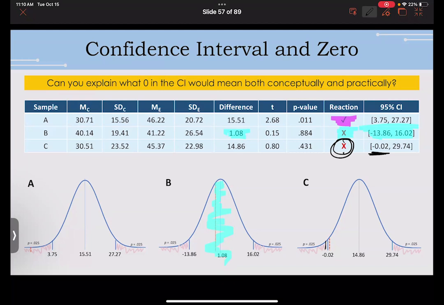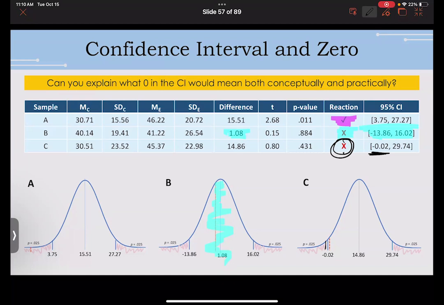Our p-value is telling us no effect, go home, doesn't work, right? And our confidence interval is telling us, whoa, hold on. Yeah, you got a non-significant result, but the probability of zero is really small. Maybe you should take this all with a grain of salt.